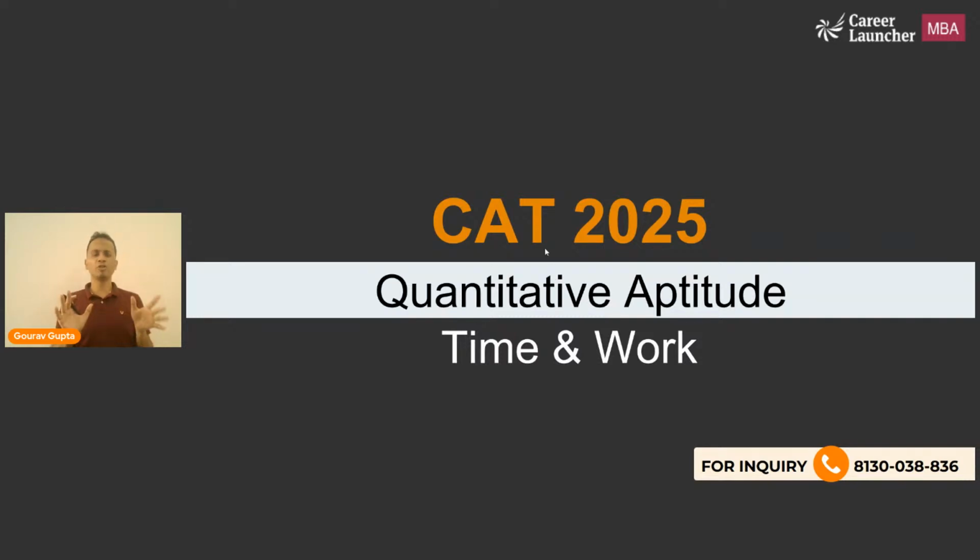I'll be displaying the questions on your screen, and we'll give you 2 to 3 minutes to work upon every question, and then I'll give you the most efficient way of solving these questions in this lecture.